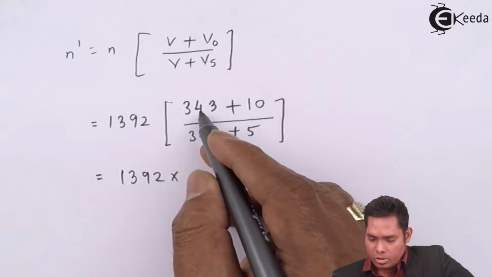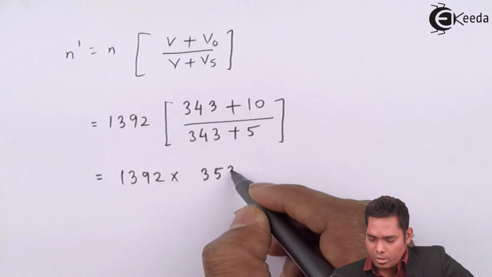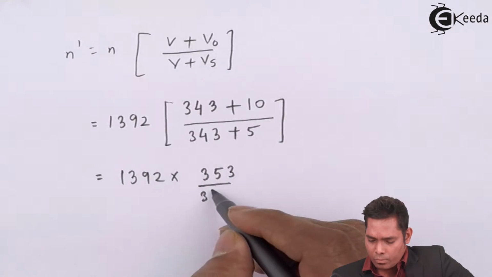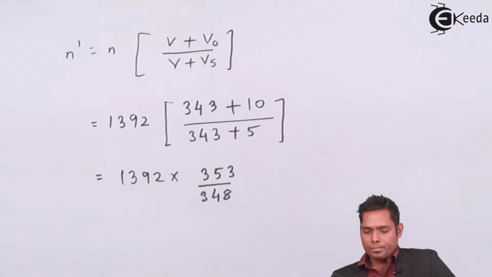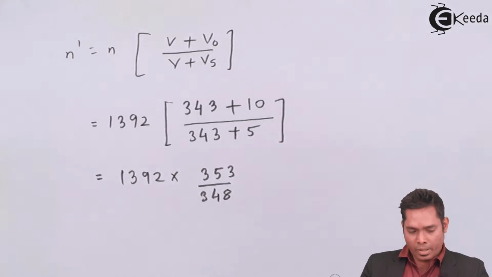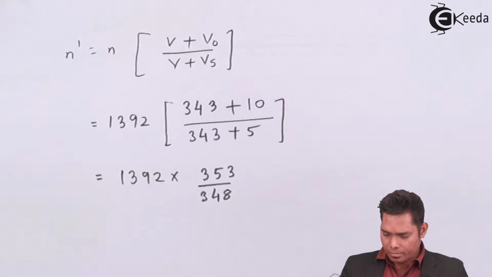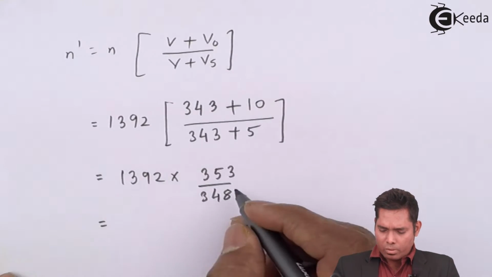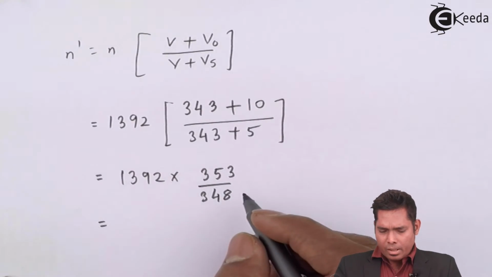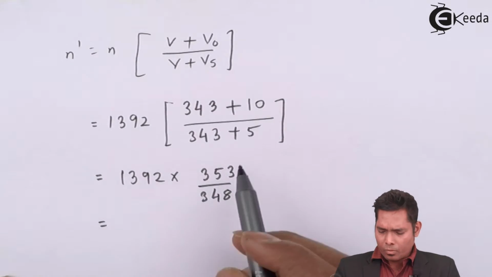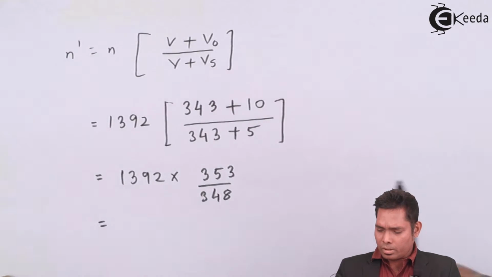1392 into 353 divided by 348, and the answers are also in whole numbers. So we just have to simplify that. If I want to actually go for the calculation, let us solve that.